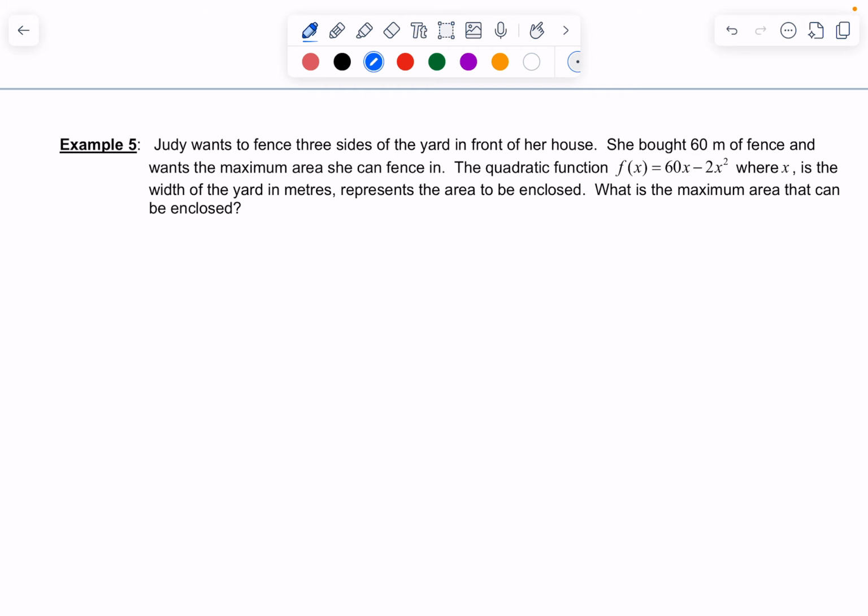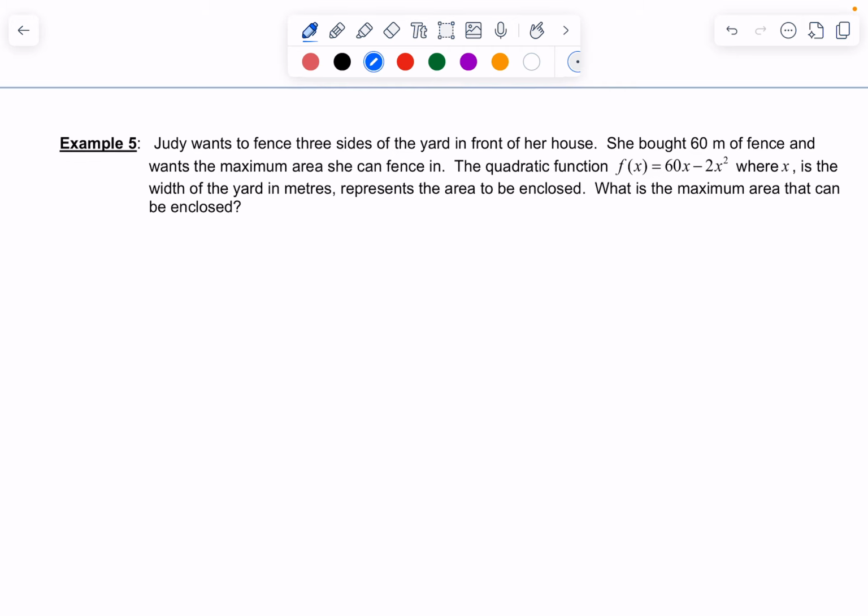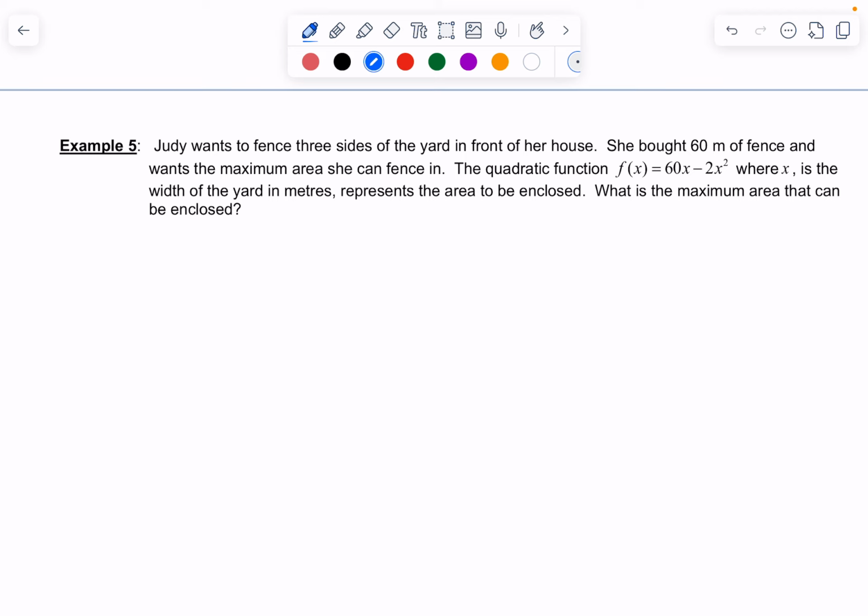All right. So let's think about what this is actually meaning here. So you have a yard, and you want to close 3 sides of your yard. And x is the width of the yard in meters.